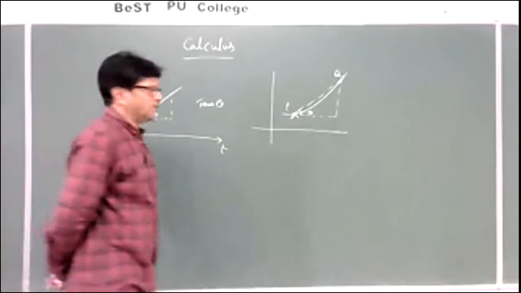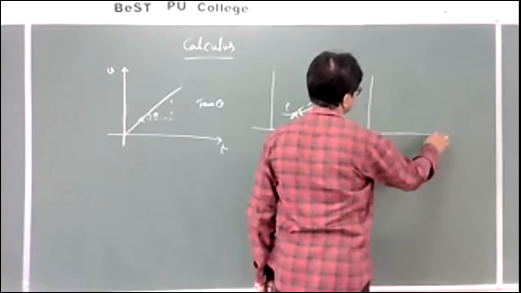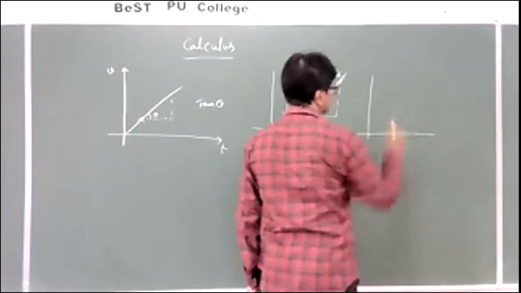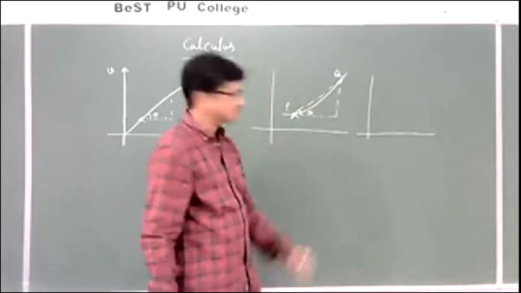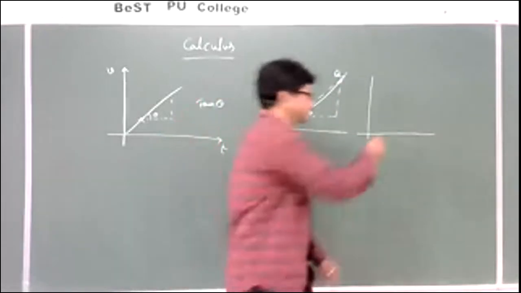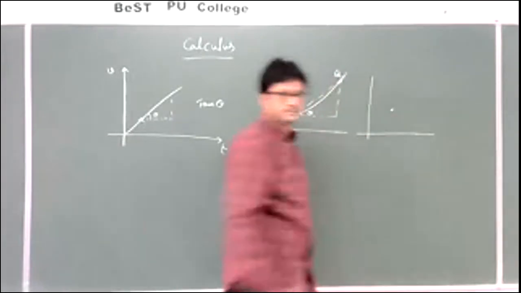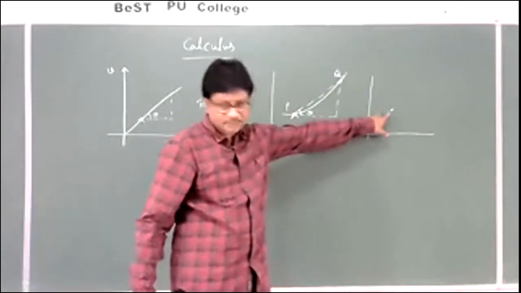If the curve is a very small curve, if the curve is like this, a small curve.